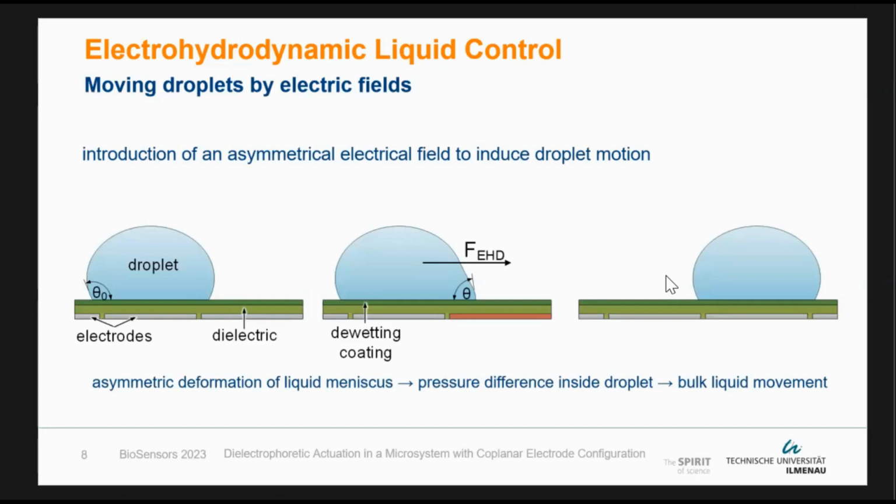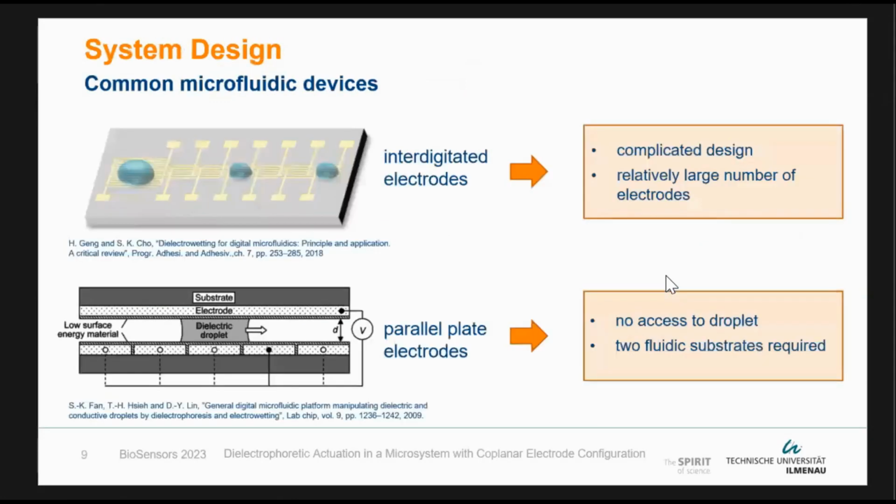And this leads to a pressure difference inside our droplet. And this gives rise to a bulk liquid motion, so we can move our droplet to another position. And this can be done basically without limits, so we can transport our droplets over huge arrays of electrodes to mix and change different media with each other.